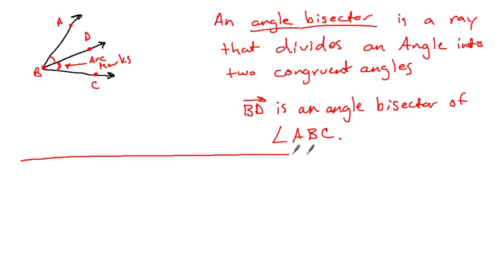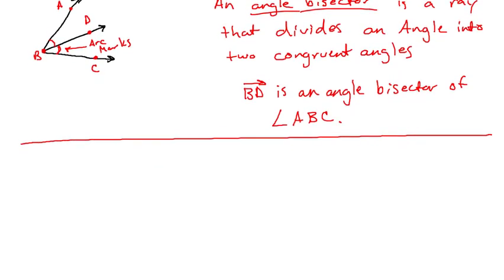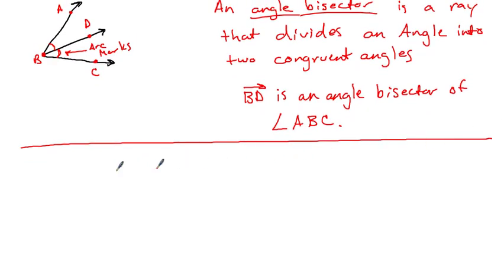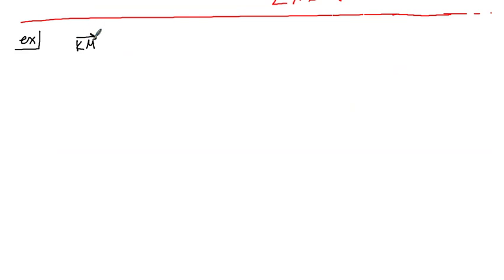Now I want to do a quick example right off the bat of how angle bisectors are going to be worked with in geometry. So we need to write down our example. So ray KM bisects angle JKL.